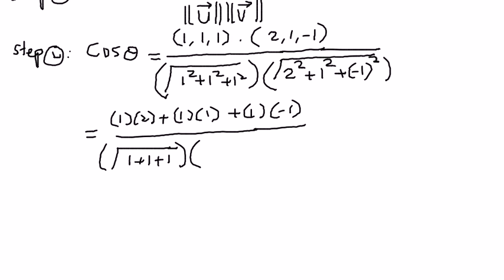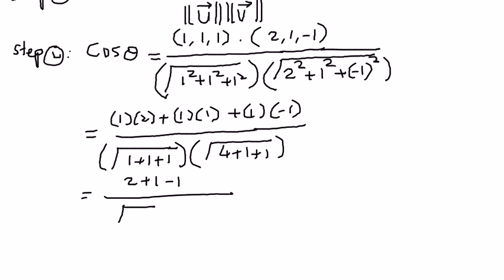And then in the second part we have 2 squared is 4, 1 squared is 1, and -1 raised to the power of 2 is 1. So when we simplify this some more, 1 times 2 is 2, 1 times 1 is 1, 1 times -1 is -1, and then divided by square root of 3 times 4 plus 1 is 5, 5 plus 1 is 6, square root of 6.